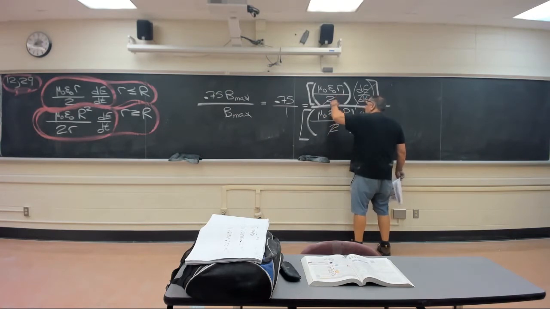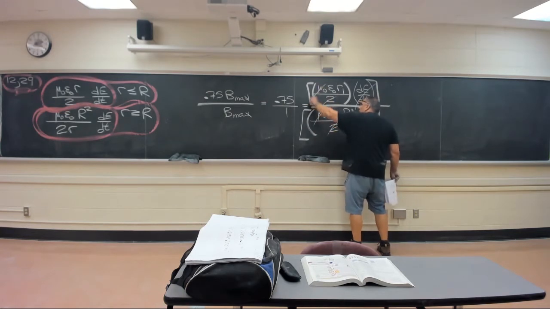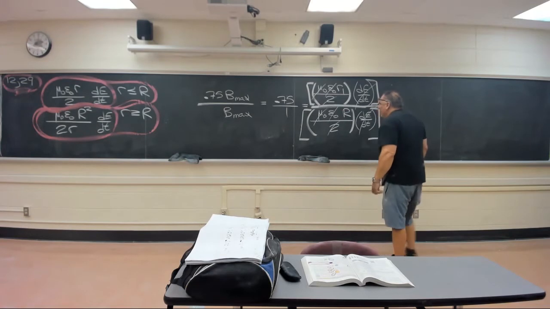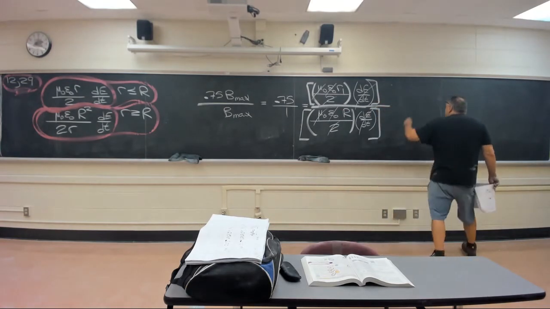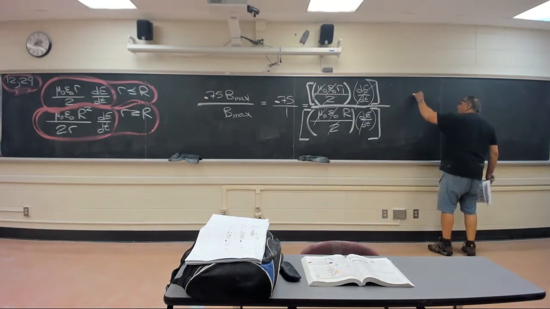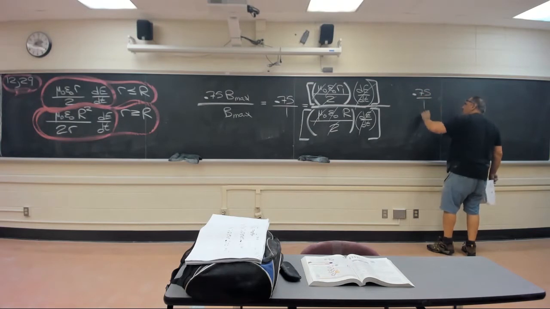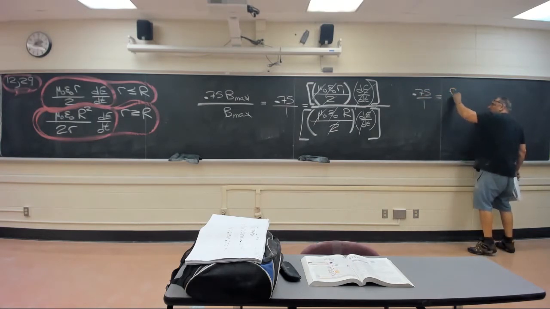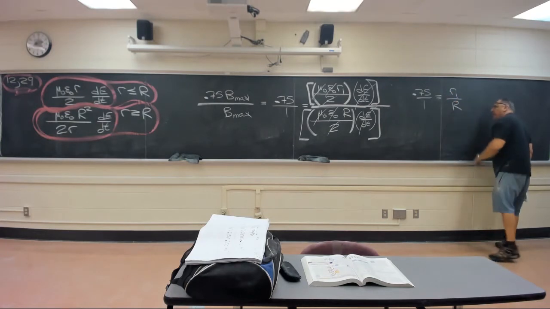The 2 flips upside down and the 2's cancel. The mu 0, epsilon naught, epsilon naught. You got R1 over big R. You've got 0.75 over 1 equals R1 over big R.